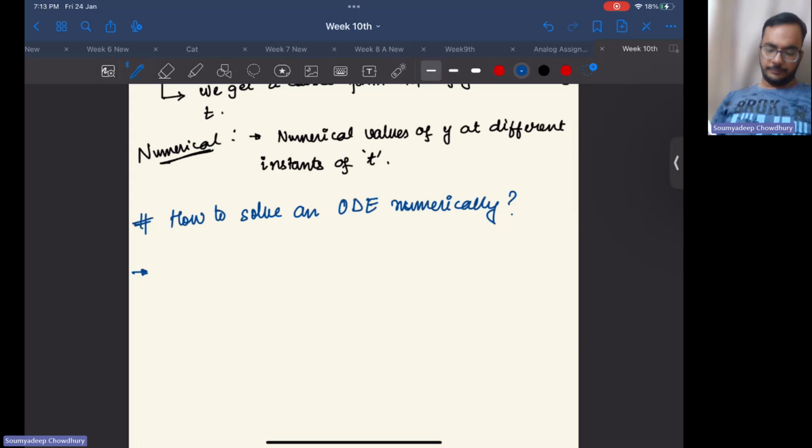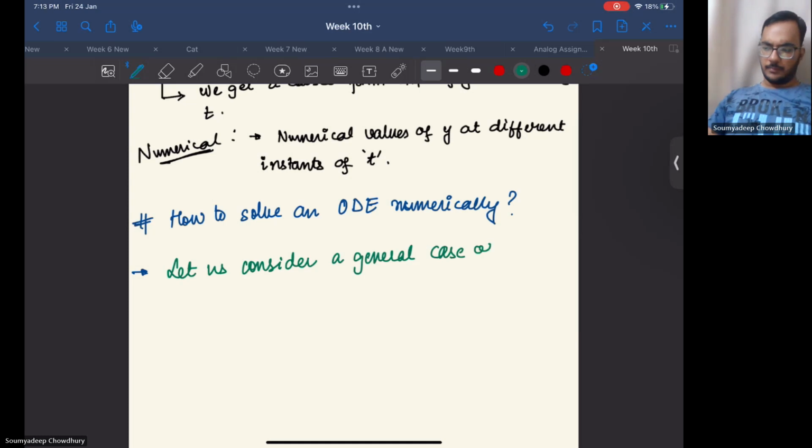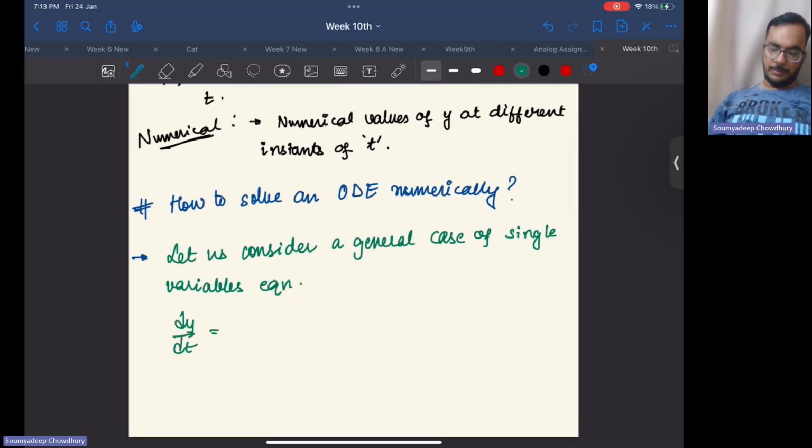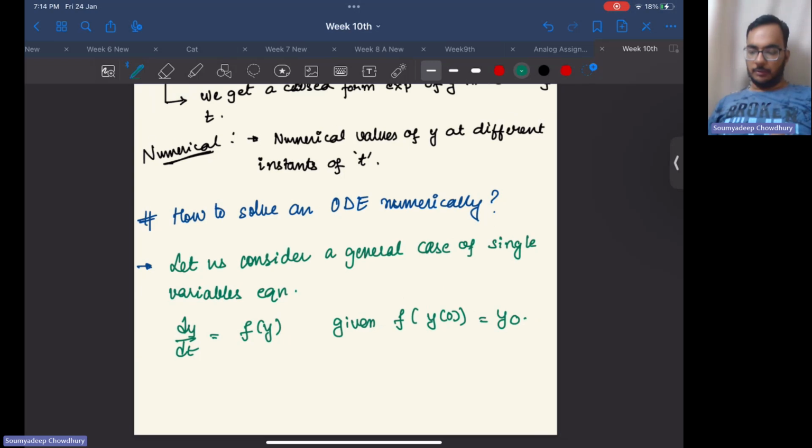So now let us consider, suppose you have an equation like dy by dt equals f of y, and we are given y of 0 equals y naught. Okay, so this is given to you and we have to solve it.